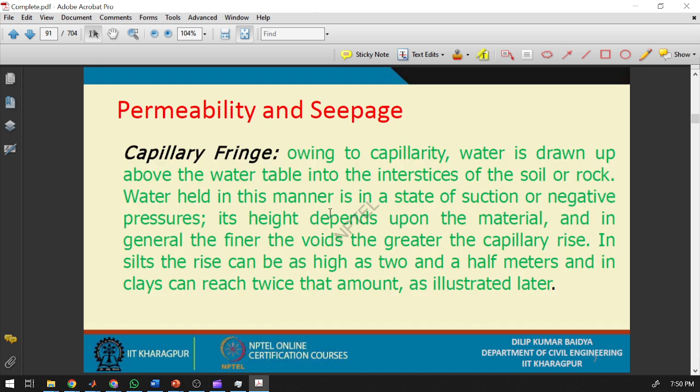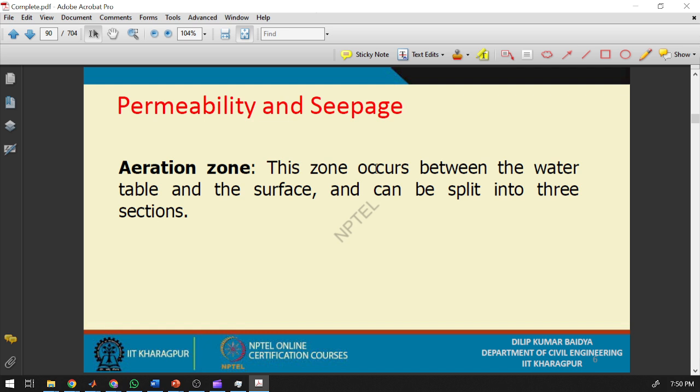Okay, aeration zone, capillary fringe. The aeration zone is at the top of the water table and can be split into three sections. This zone occurs between the water table and the surface, which means where the voids have some kind of air.